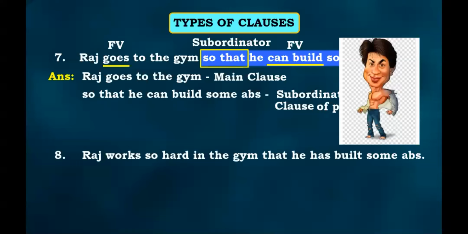Raj works so hard in the gym that he has built some abs. बहुत मेहनत की and finally he has built some abs. Come on. In this sentence, pick out the two finite verbs. No, no, don't give me the answers just yet. First of all, let's solve it.